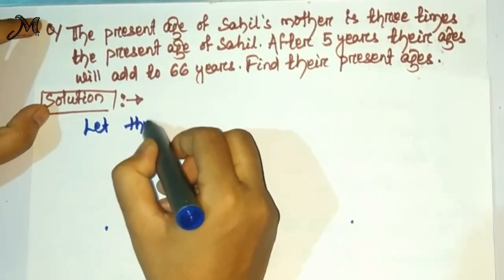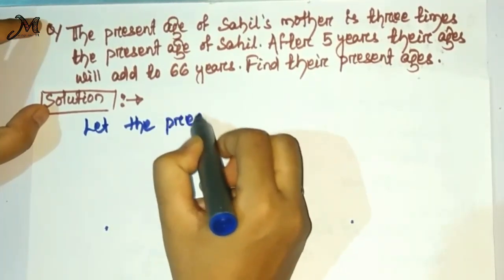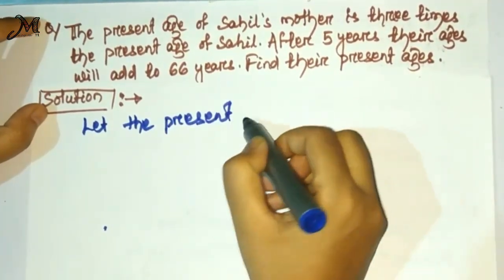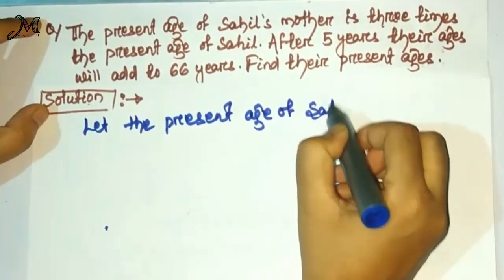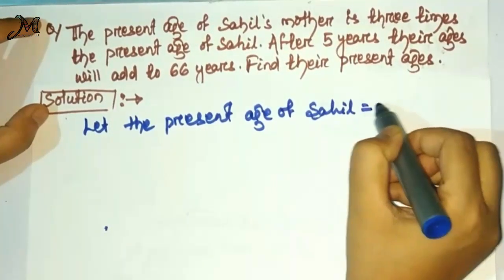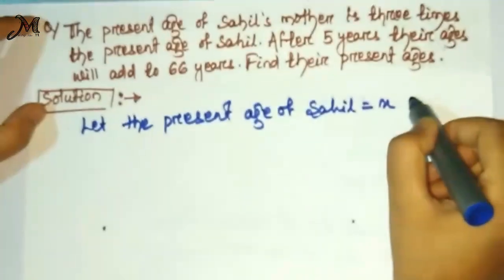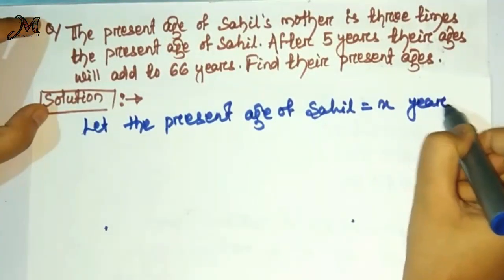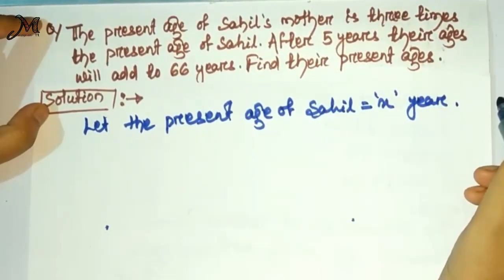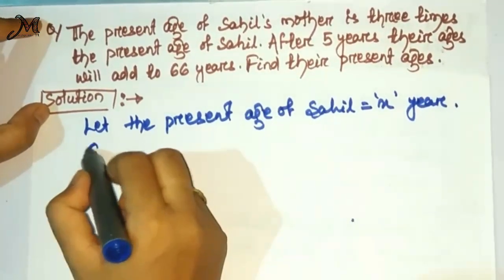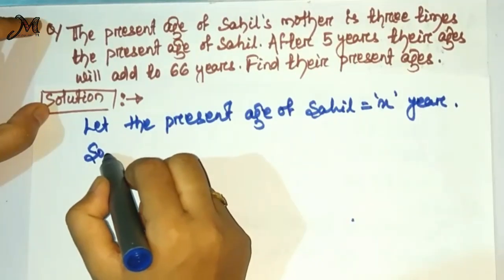Let the present age of Sahil be x years.